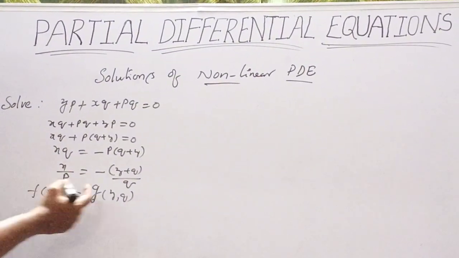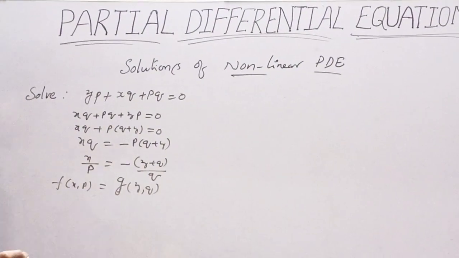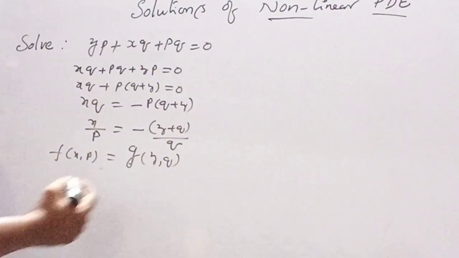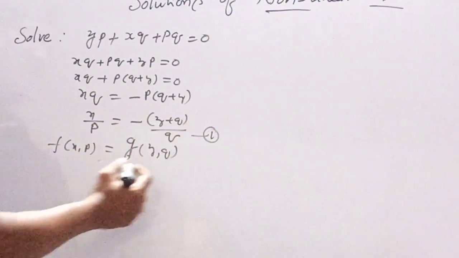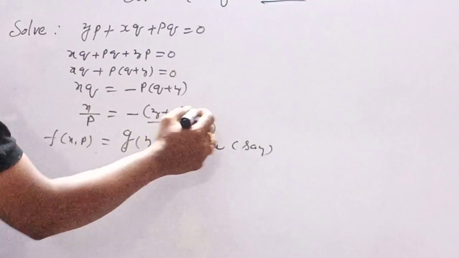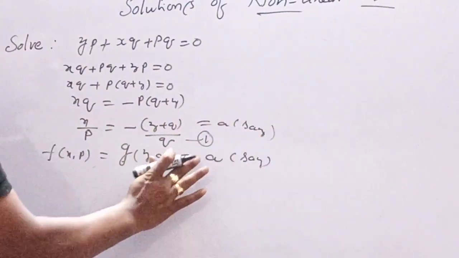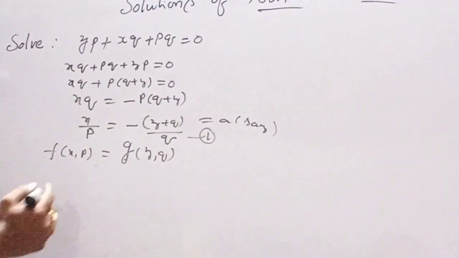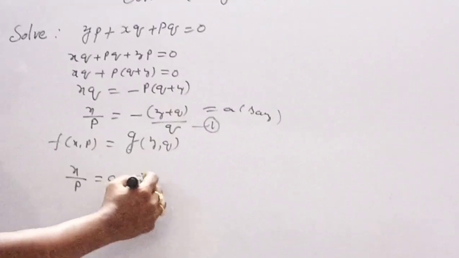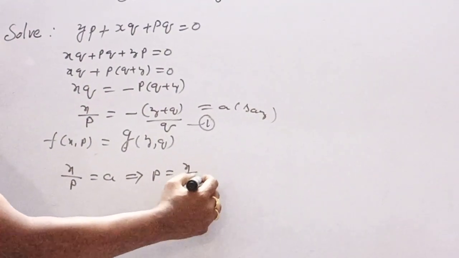Whenever we have a function of x comma p equal to a function of y comma q, this represents standard form 3. So this is equal to small a. Using this equation, x by p equals a implies p equals x by a.